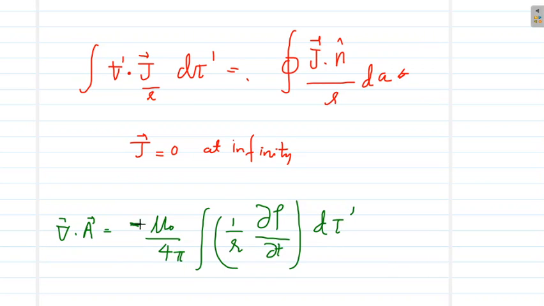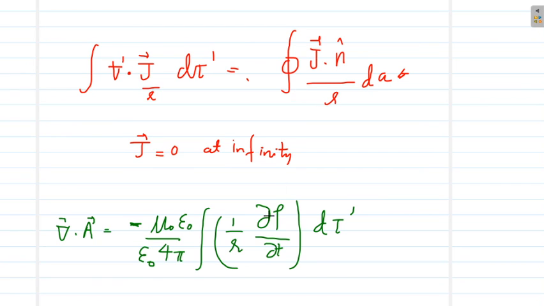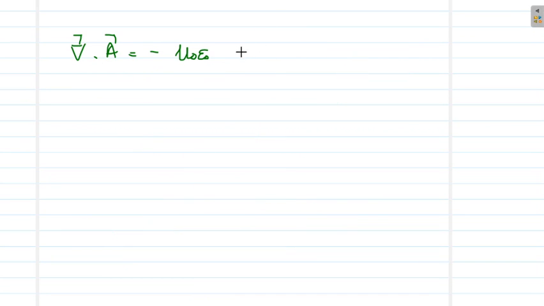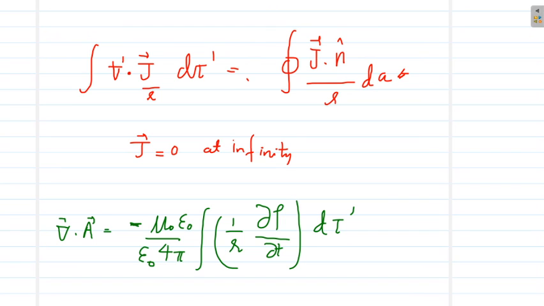I am going to multiply an epsilon 0 in the numerator as well as in the denominator. So the new equation is del dot A equal to minus mu 0 epsilon 0. I am going to take this dou by dou t to the outside of the integral, since it is commutative. Dou by dou t of 1 by 4 pi epsilon 0 integral rho by r d tau dash.